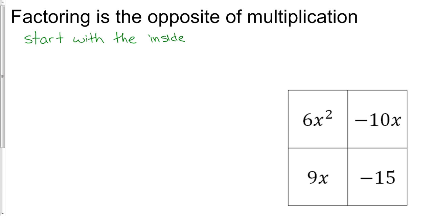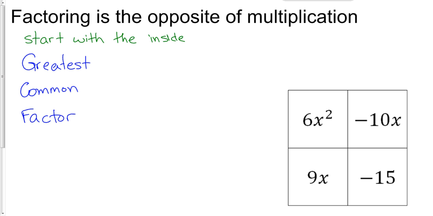To do that, we use what's called GCFs. GCF stands for greatest common factor. And the way we approach this is we look at each row and each column, because we have pairs of numbers or pairs of terms.